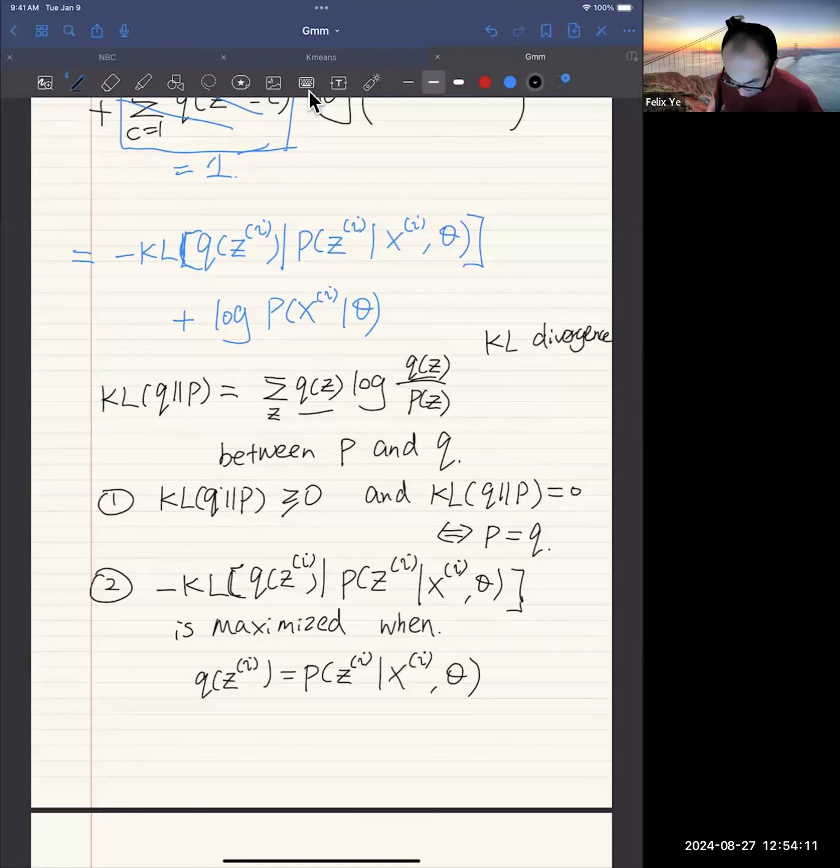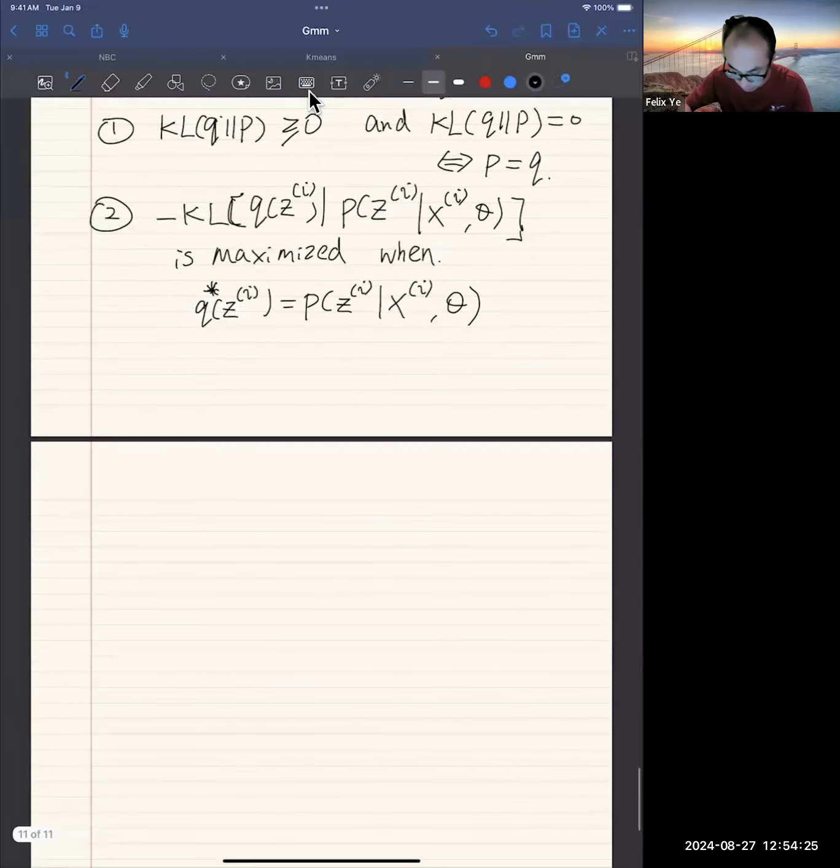Q is an arbitrary distribution, so we can just set Q equal to this. Then this evidence lower bound, the ELBO, is maximized.